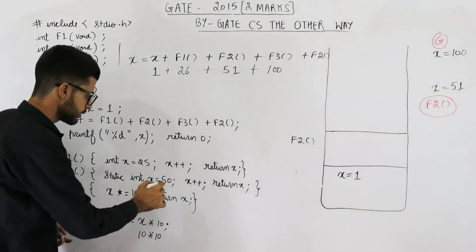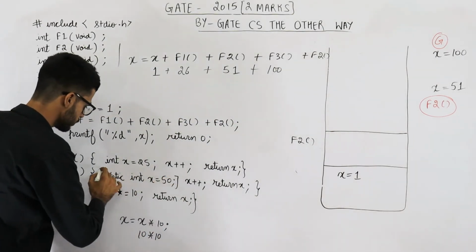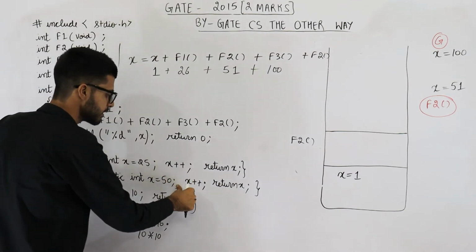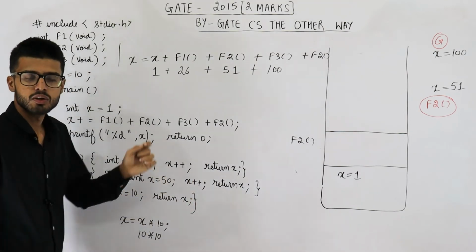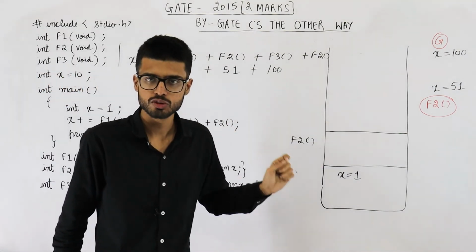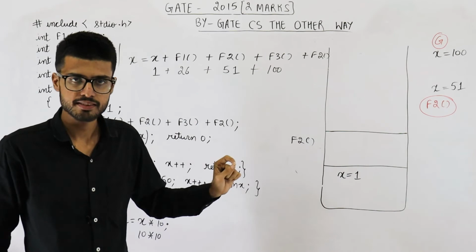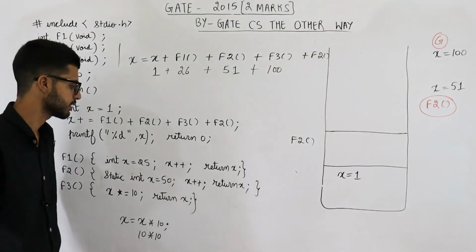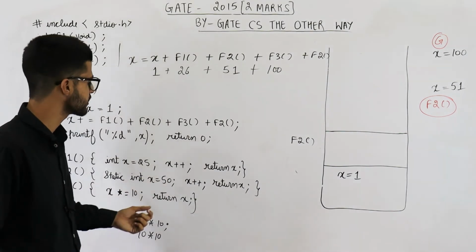That means this line from here to here will be skipped. Whatever was the previous value of x will be used. So for the second, third, fourth, fifth and all subsequent calls to any function, static variables will not be declared or initialized for the second time. We'll use the previous value only.